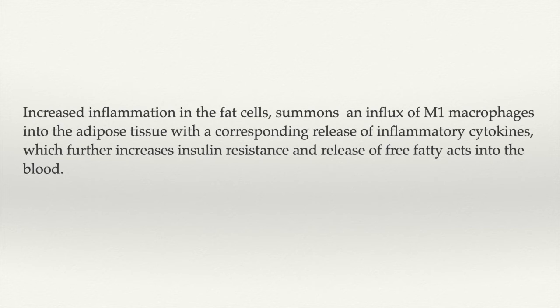Increased inflammation in the fat cells summons an influx of M1 macrophages into the adipose tissue with a corresponding release of inflammatory cytokines, which further increase insulin resistance and release of fatty acids into the blood.